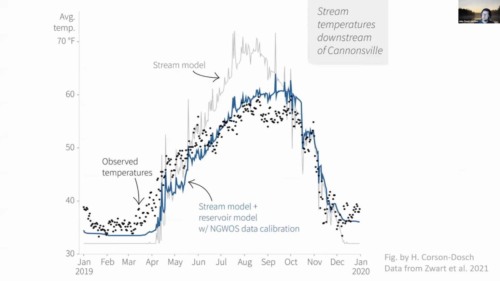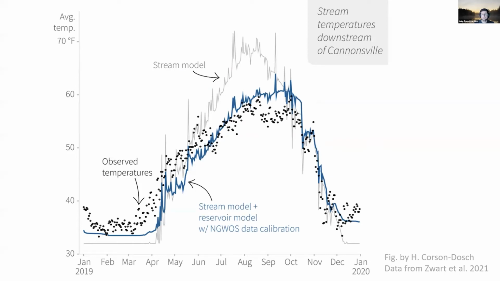So if we look at our process-based model output that's using information from both a reservoir model and a stream temperature model, we can see that the process-based model predictions are improved compared to using the stream temperature model alone. The stream temperature model alone at this particular segment is given in the gray line. You can see that it's pretty far off from the black observations.